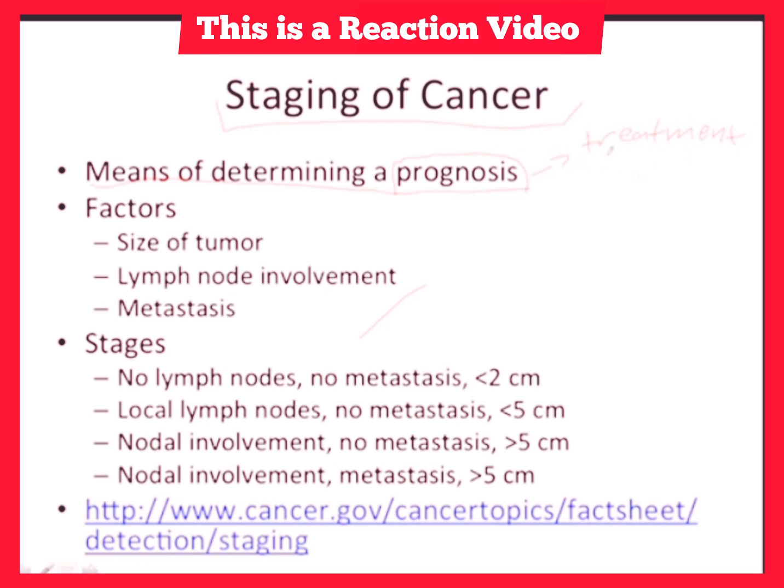So once you gather information about that neoplasm, and you look at whether it's differentiated or undifferentiated cells, is it a carcinoma in situ, is it a sarcoma, whatever it may be, that's going to help you determine the treatment. And then once you diagnose what type of neoplasm it is and figure out how you're going to treat it, you can get a prognosis and project the outcomes for that patient.